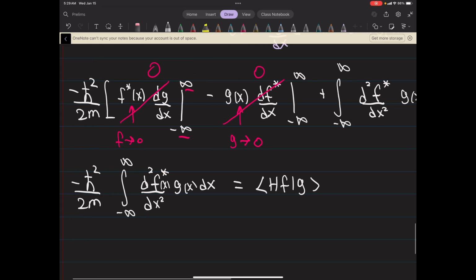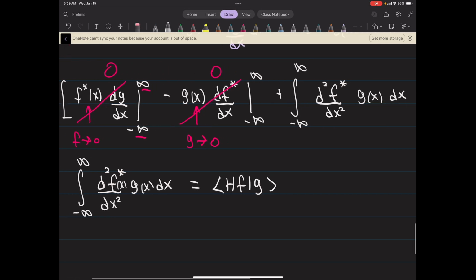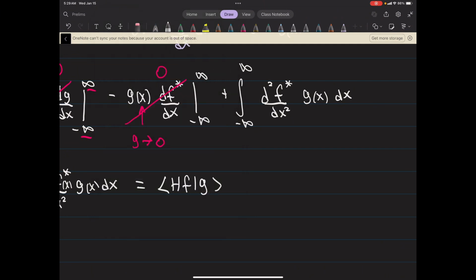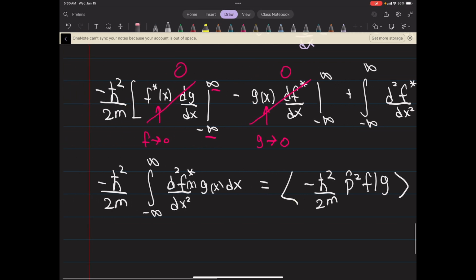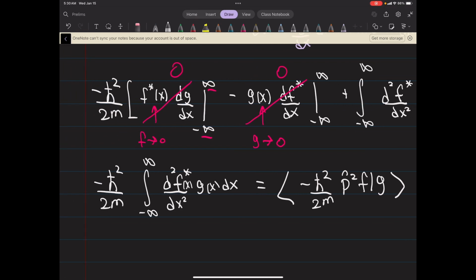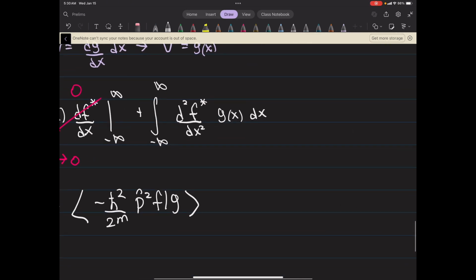I should specify this is just do it like this. So this term is also Hermitian, and since each term, the v of x and this term, are both Hermitian, then from part A we know that a sum of the two Hermitian operators is also Hermitian.